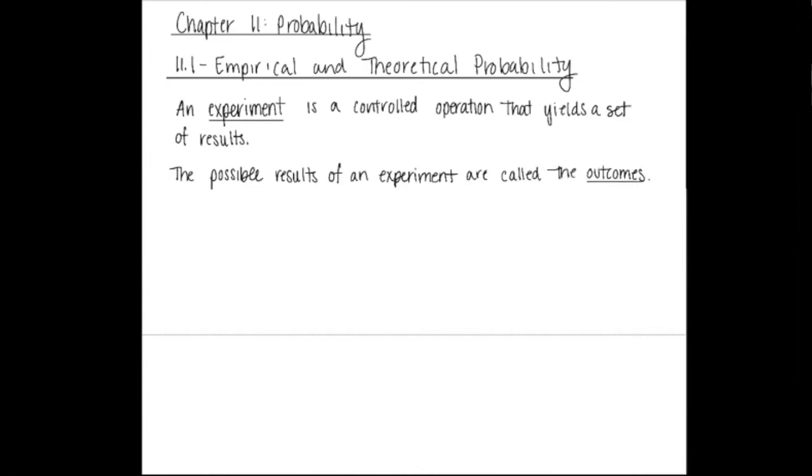An event for us is a subcollection of the outcomes of an experiment.